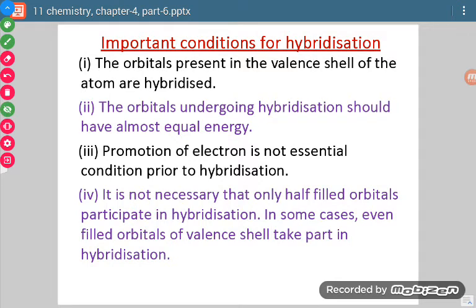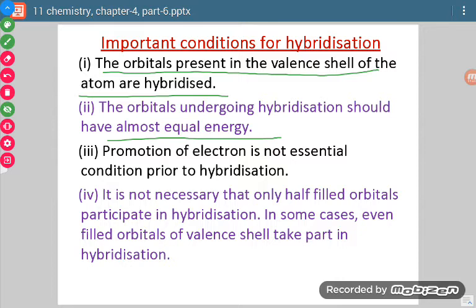Okay. Now, what are the important conditions which must be there so that hybridization occurs? The orbitals present in the valence shell of the atom are hybridized. Now, which orbitals will be taken? Those orbitals will be taken which are present in the valence shell. Now, the orbitals undergoing hybridization should have almost equal energy.